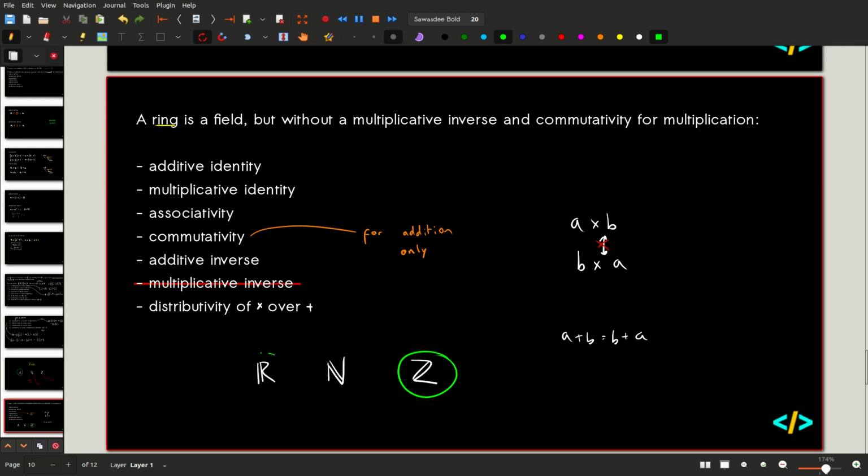Yeah, and real numbers, they'd also constitute as a ring because this is less strict than a field. And if this is a field, then it's definitely a ring. So the only one that's left is natural numbers. And we know this can't be a ring because it contradicts this rule here. We don't have an additive inverse. Okay. Cool.